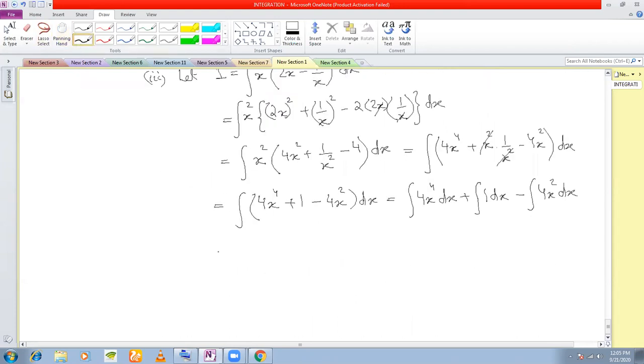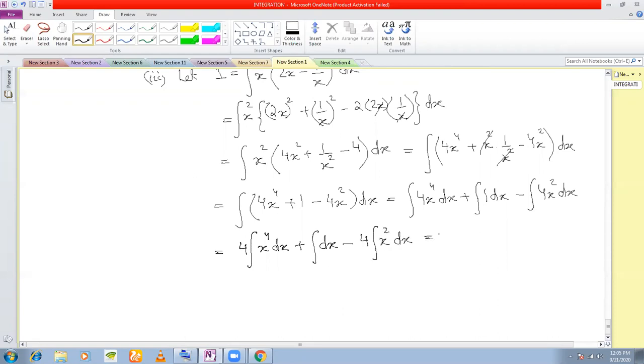In the next step, you take 4x to the power of 4, 4 is a constant, you can take it out of the integration, x to the power of 4 dx plus integration 1 dx is simply dx. Minus, again 4 is a constant, you can take it out of the integration, and x square dx.